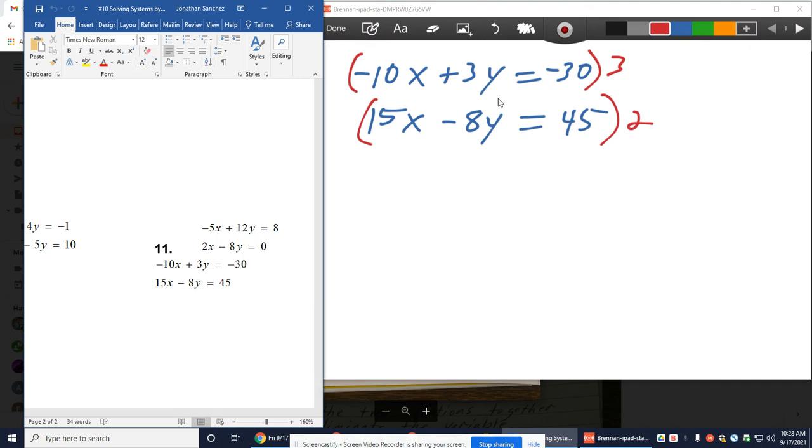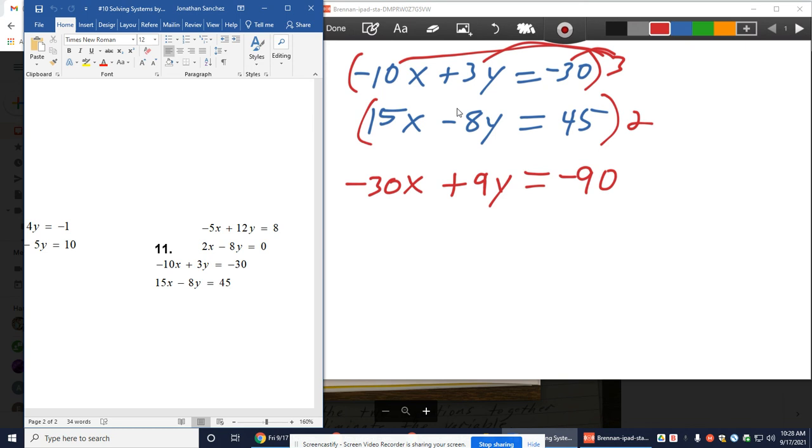So now, when you put parentheses around the whole equation, that means you're going to multiply every single part by 3. 3 times negative 10 gives me negative 30x. 3 times 3y gives me 9y. 3 times negative 30, the equal sign comes down. 3 times negative 30 is negative 90.